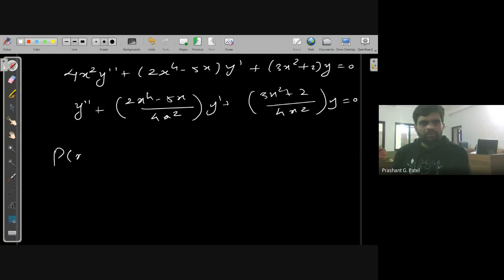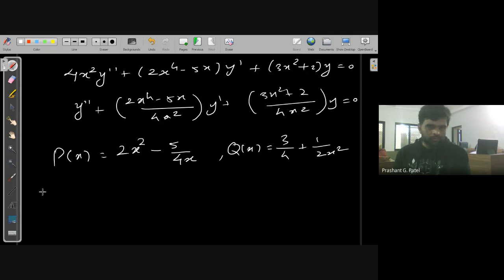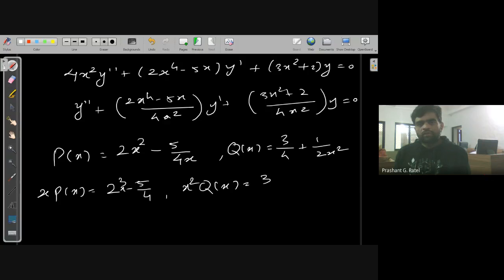So P of x is 2x square minus 5 by 4x, and Q of x will be 3 by 4 plus 1 by 2 x square. So x into P of x will be 2x cube minus 5 by 4, and x square Q of x will be 3 by 4 x square plus 1 by 2.